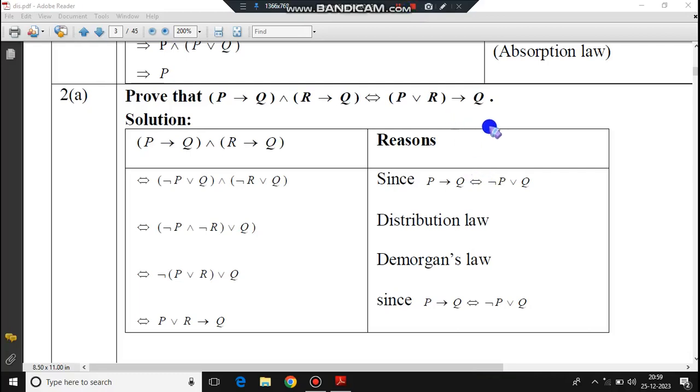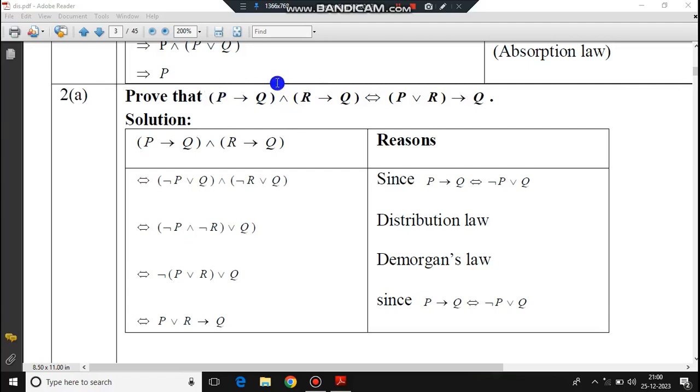Okay, thank you, students. In this session, I am going to prove this small problem. Okay, and you must see that this type of problem will be asked: prove without using the truth table. That's what in the university question they would ask.